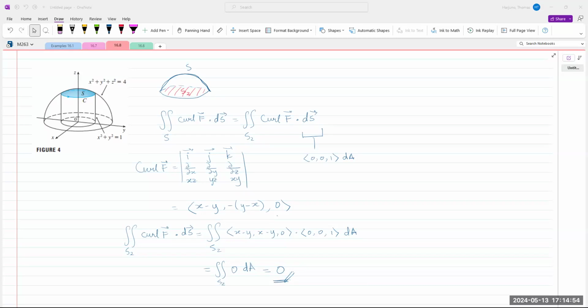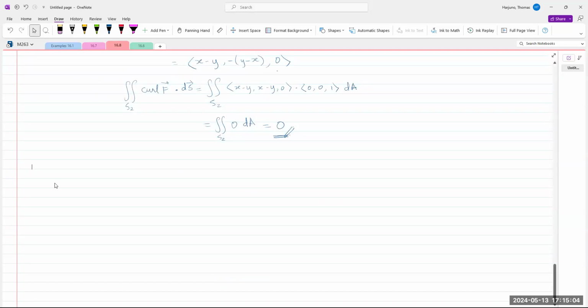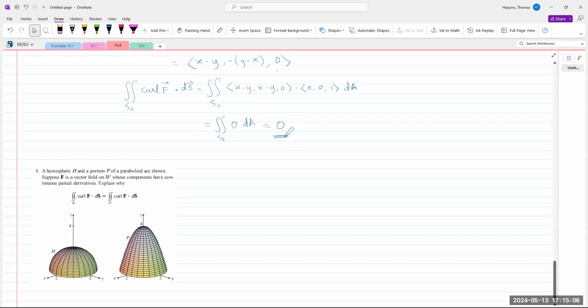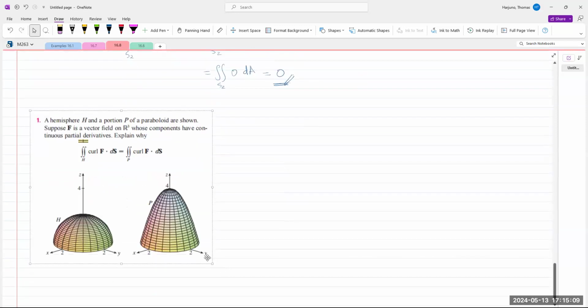Now let's do some problems. To emphasize what I said earlier about that double Stokes' theorem, let's take a look at question number 1 in our textbook. I will not do this, but I just try to explain what I meant by double Stokes' theorem. This is question number 1, where H is the hemisphere and P is the portion of paraboloid.